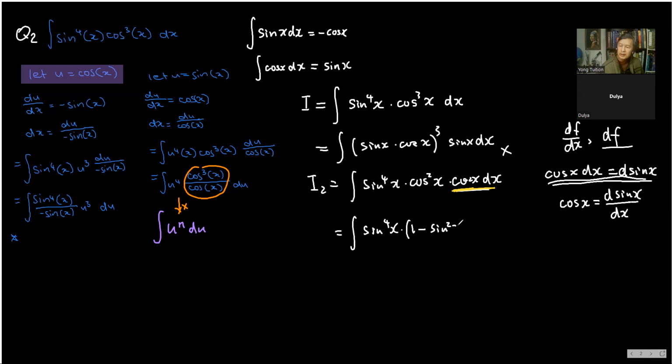Sine square x, can we? Yeah. Okay, and we copy our formula here. That became sine x, all right? Can you continue? Can you see direction to go? I have successfully replaced cosine term by sine term. So what would you do now?